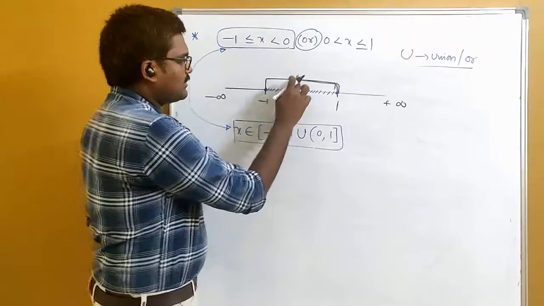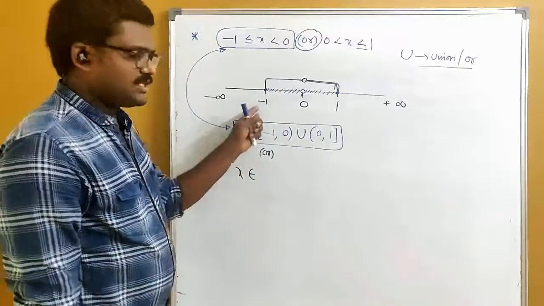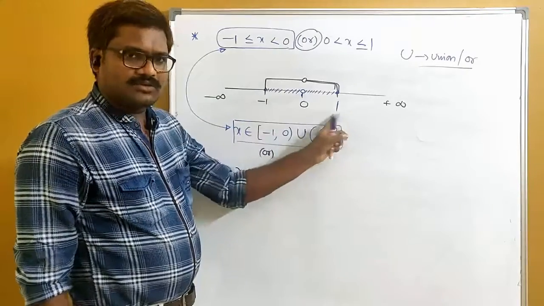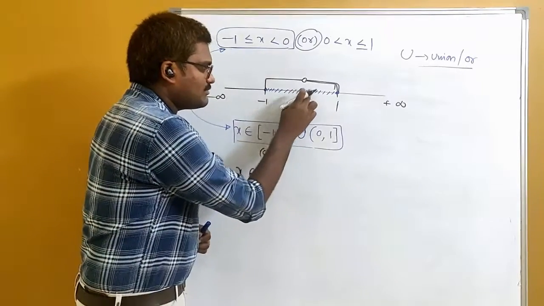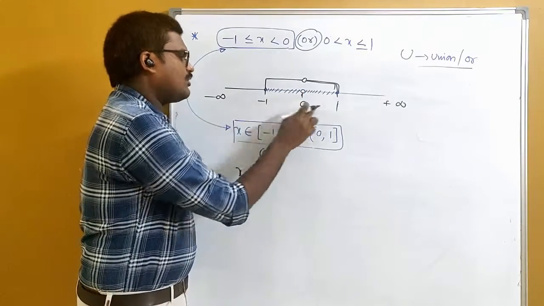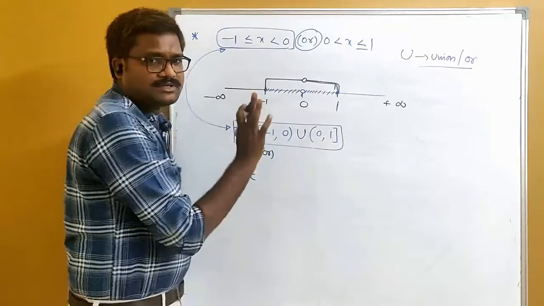Only at 0 you have some discontinuity. Understood? I am taking all the values of x from -1 to 1, but there is some voidness at 0, which means I can take all the real numbers between -1 and 1 except 0.